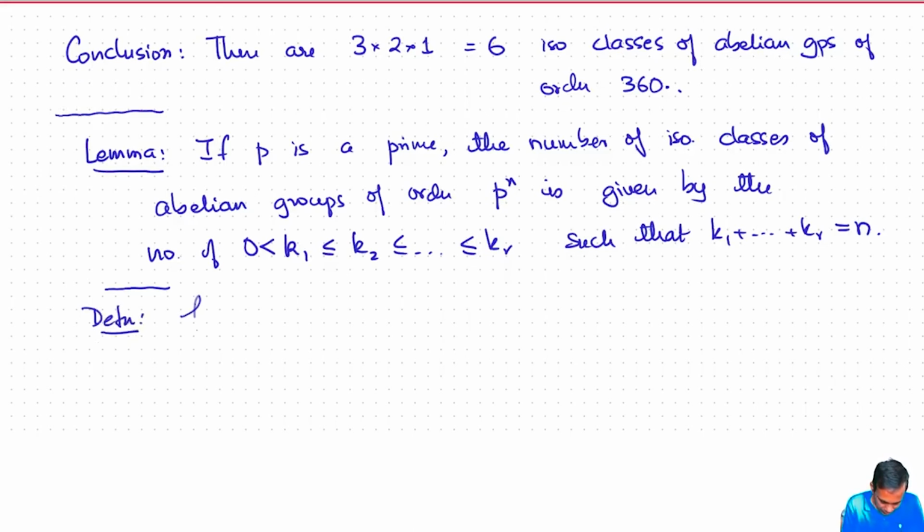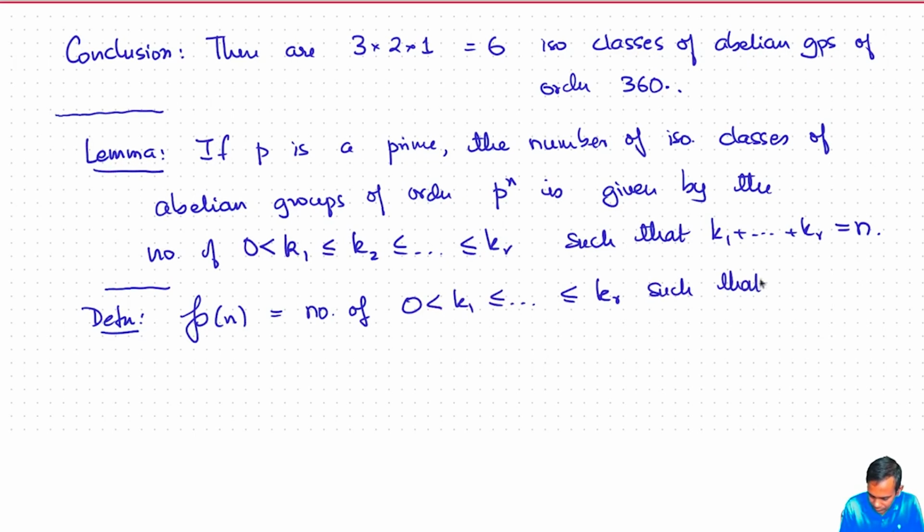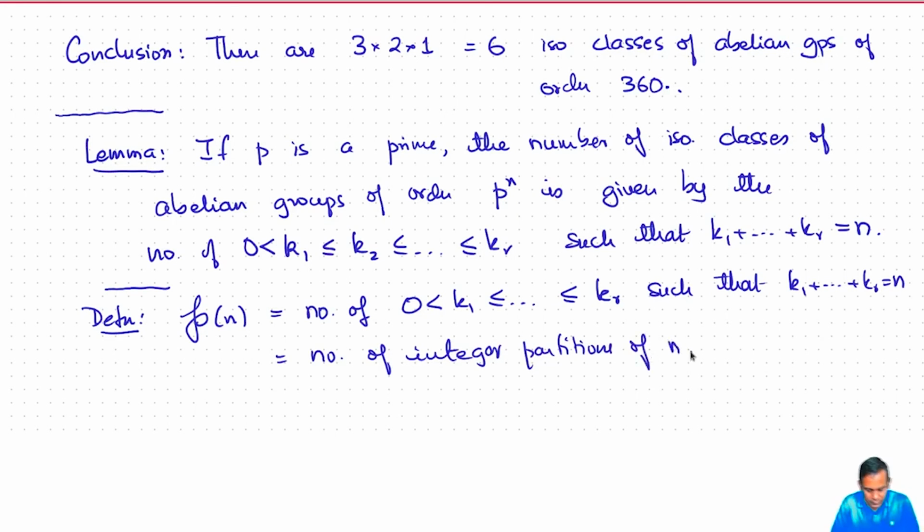Let's say P(n) is the number of sequences like this, 0 less than K1 less than or equal to and so on up to KR, such that K1 plus through KR equals n. These are called the integer partitions of n.